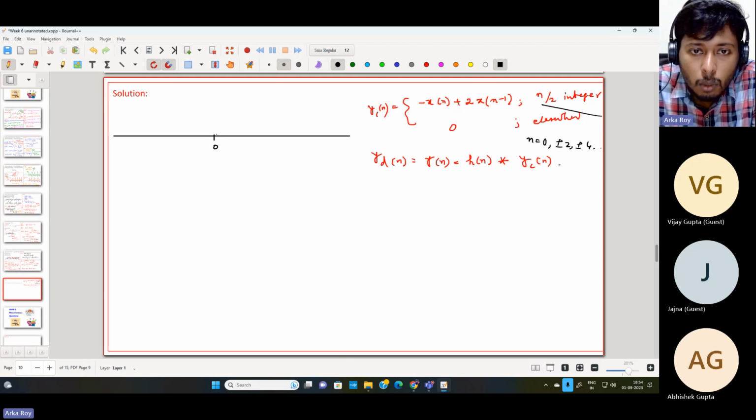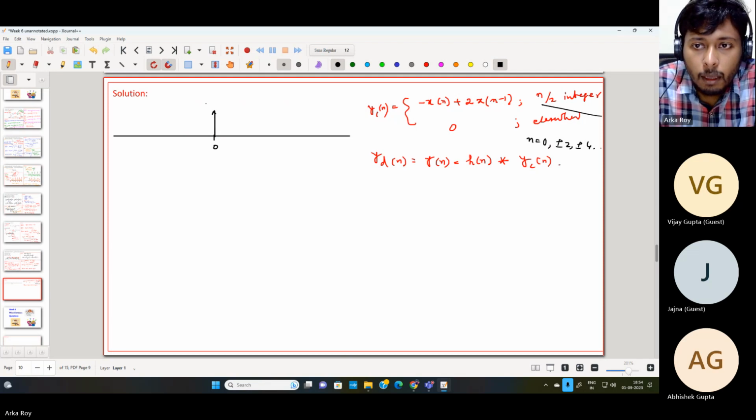At the 0th location, what we'll get is minus x of 0 plus 2 into x of minus 1. Then at the first location, I will get 0 only. Then at the second location, I will get some value. At the third location, I will get 0. At the fourth location, I will get some value.